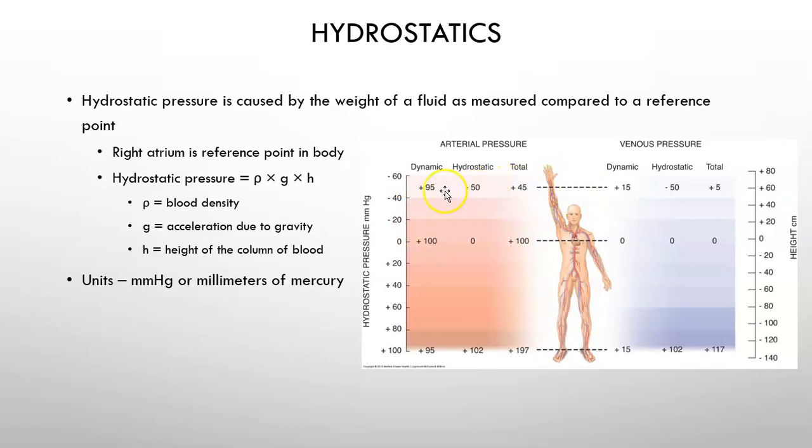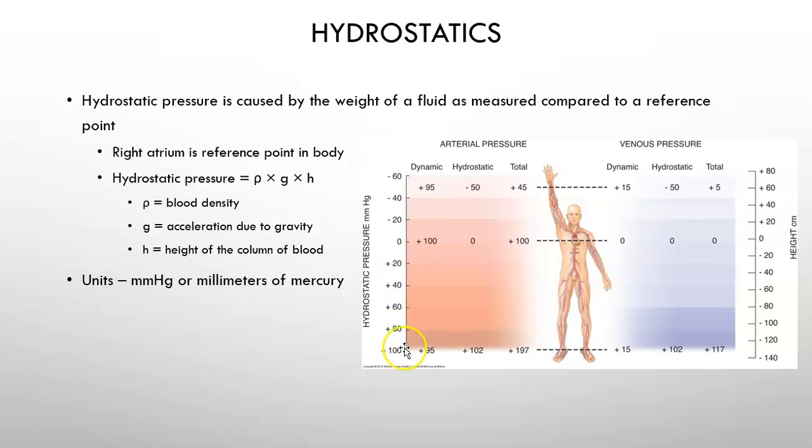The dynamic pressure from the heart is about 95 millimeters of mercury. The hydrostatic pressure takes away about 50 millimeters of mercury. So if you're standing up and you raise your hand above your head, you have a blood pressure of about 45 millimeters of mercury at that point in your arm.